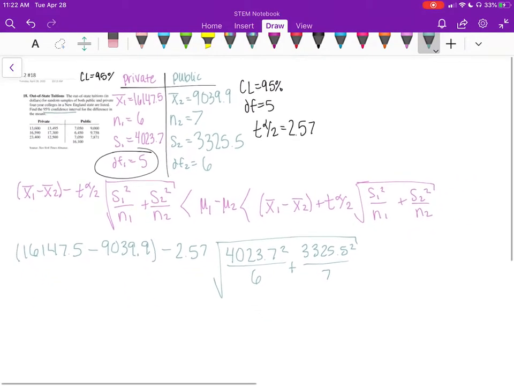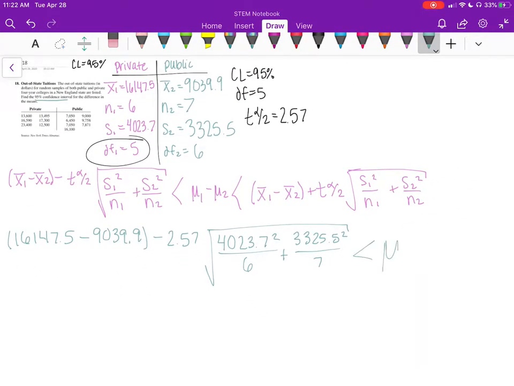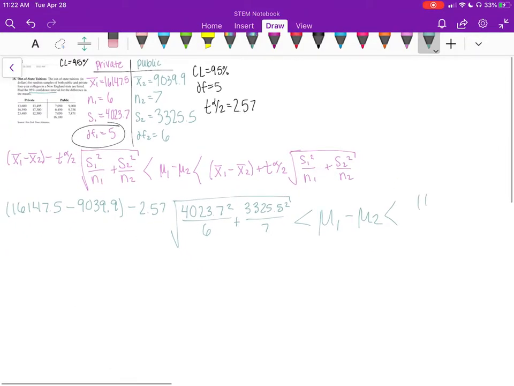And to save some time, I'm just going to write mu1 minus mu2, and then the same thing plus. This is the spot where it changes.